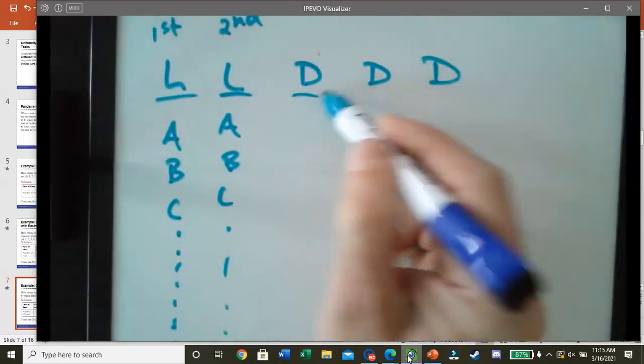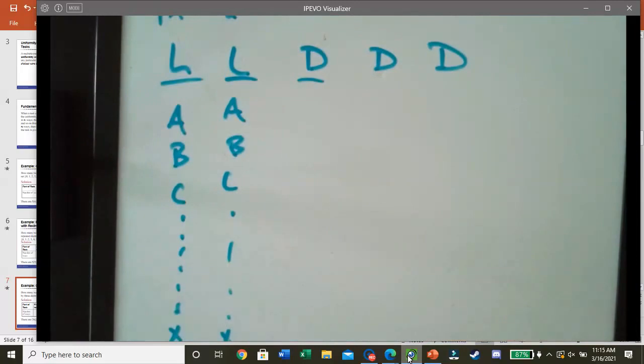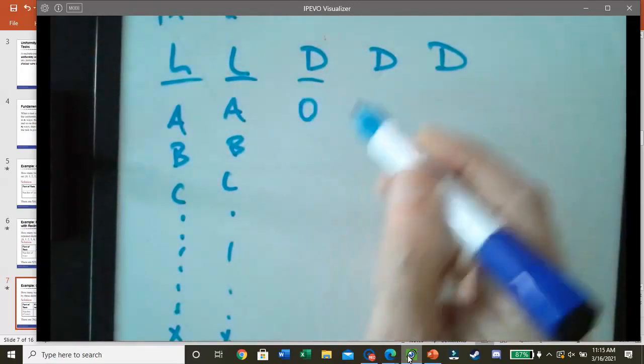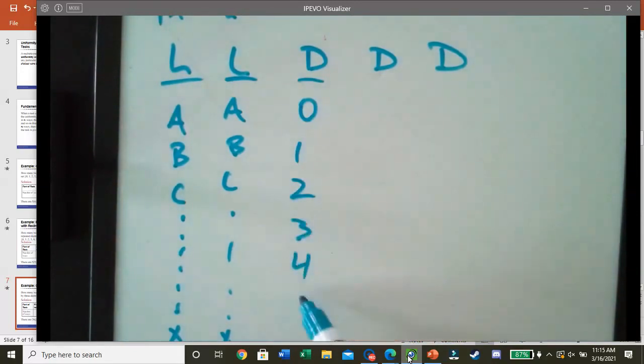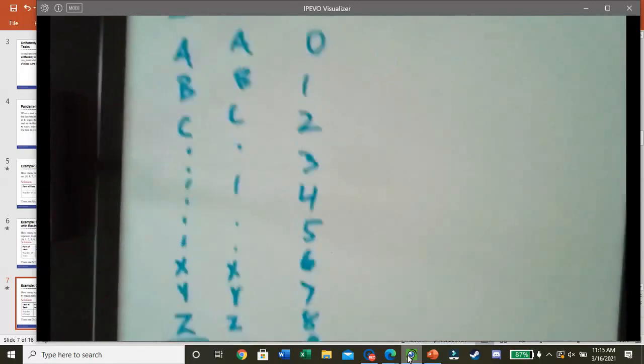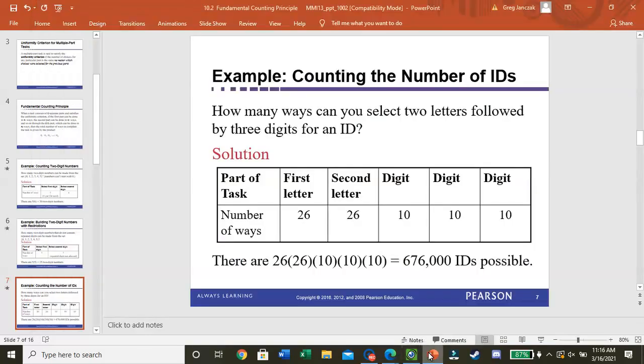Now we're looking at digits, right? So when we're talking about digits, we're talking about 0, 1, 2, 3, 4, 5, 6, 7, 8, 9. Single digits. And no restriction this time. You can select 2 letters followed by 3 digits.